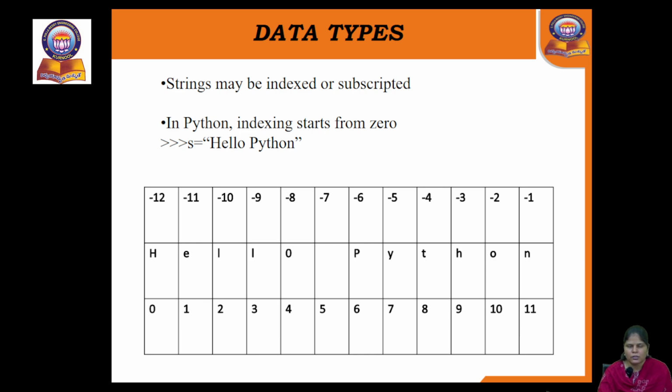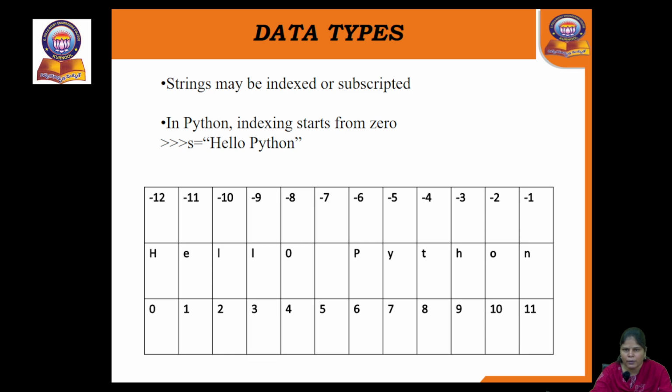And then for the strings, as we have already seen, strings are sequential data types. If you want to access the strings, then each and every character of a string will have some index value, and you will use that index value to access those characters from the string.